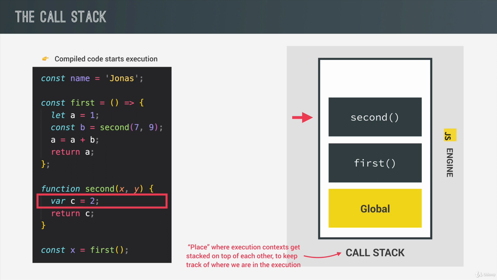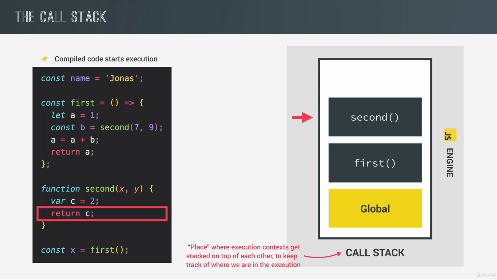And it has to work this way because, remember, JavaScript has only one thread of execution, and so it can only do one thing at a time. Okay? Never forget that.